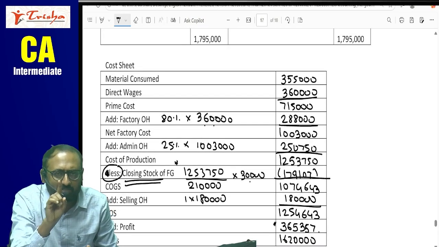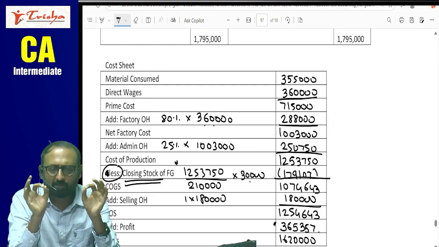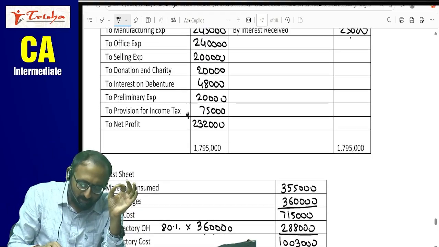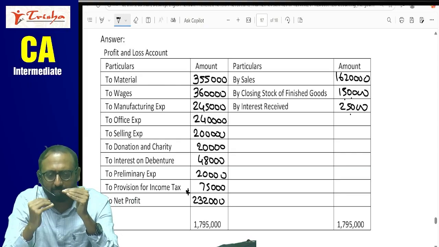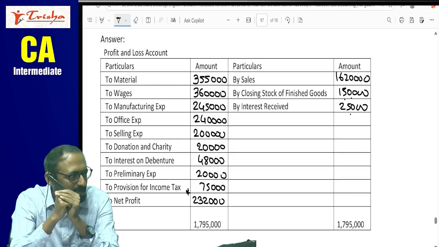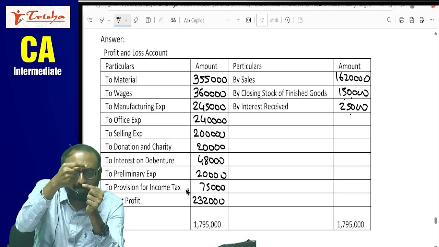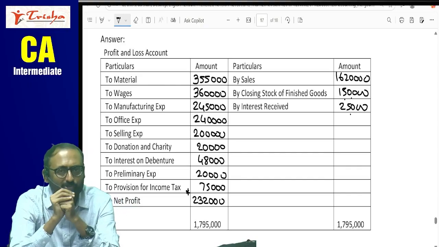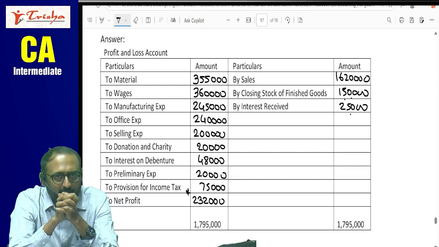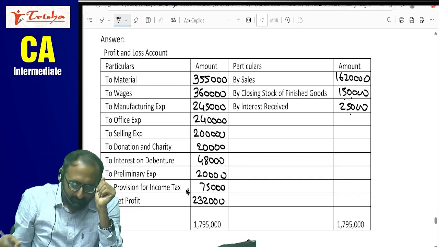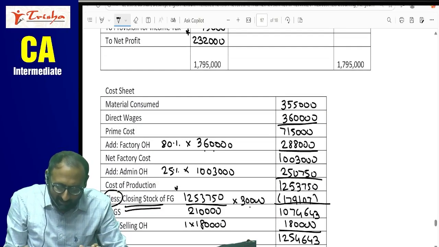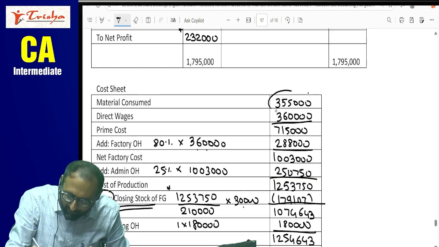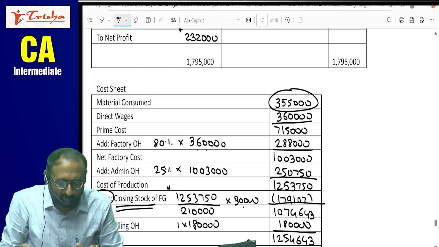While doing reconciliation, one simple thing you'll have to remember: go to the first item of the P&L account and compare it with the cost sheet. Material 3,55,000 here, under the cost sheet also 3,55,000. So there is no difference at all.